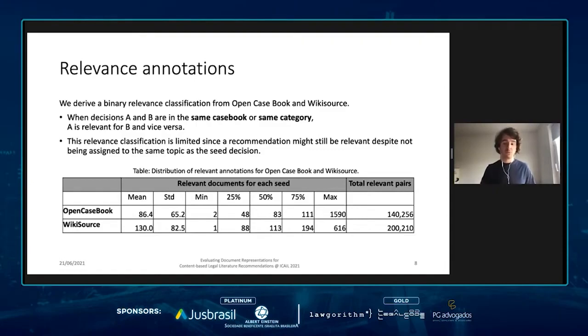For Open Casebooks, it's 140,000 document pairs, and for Wikisource, it's 200,000 document pairs. This number is much larger compared to the user studies from related work, and it also enables us to evaluate a large number of methods.